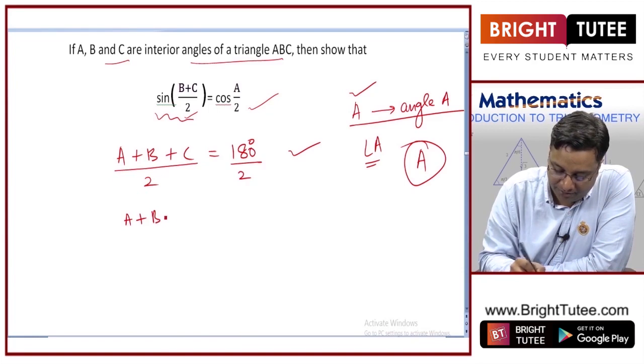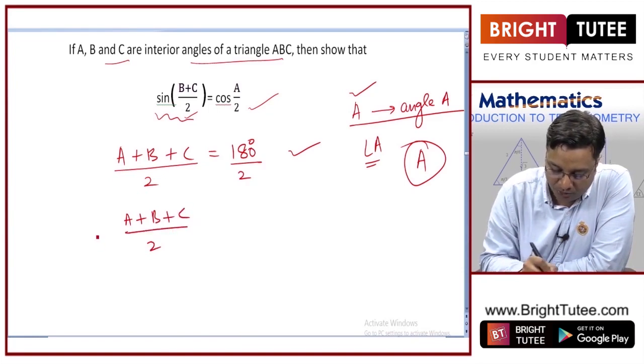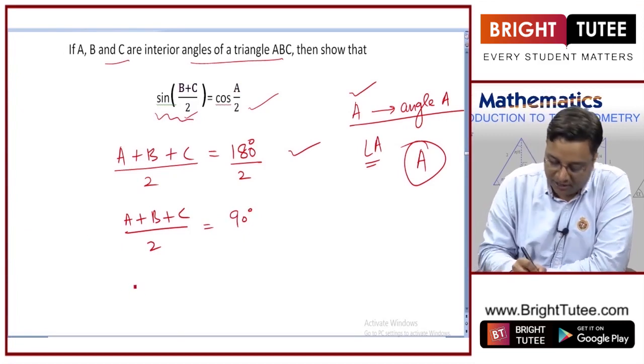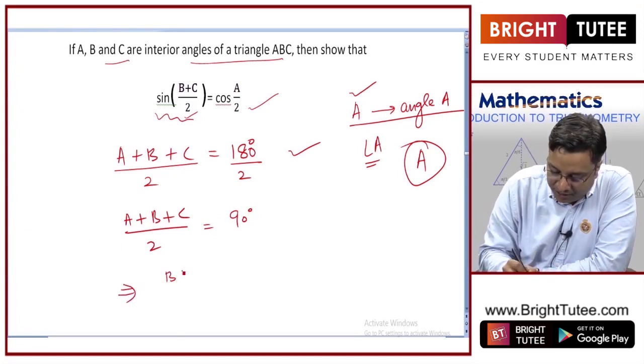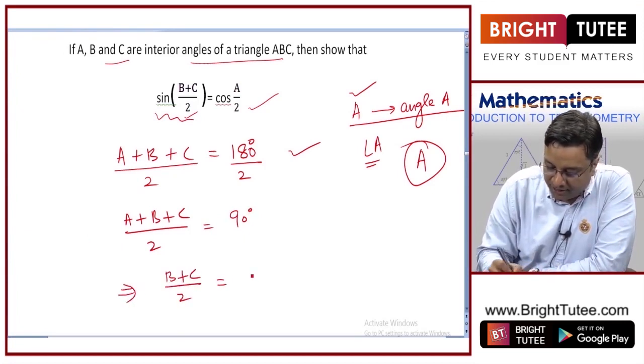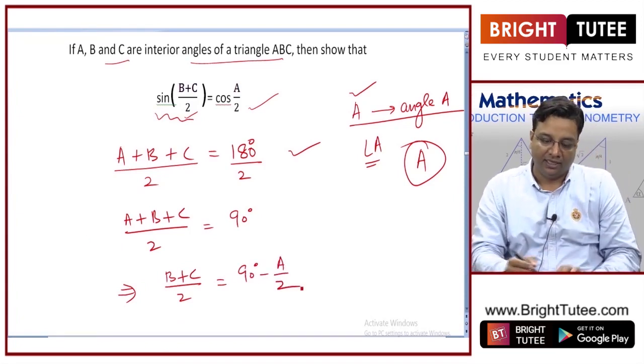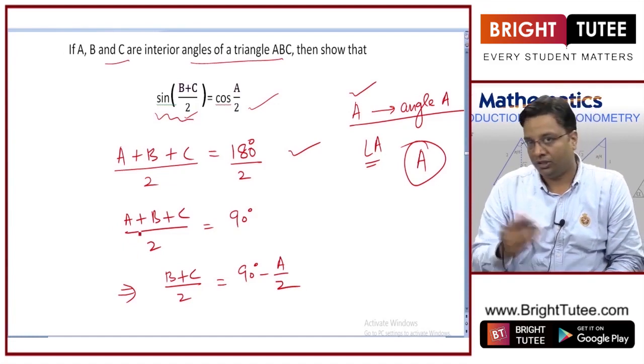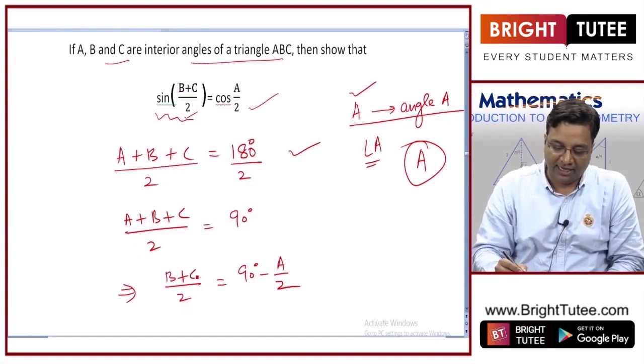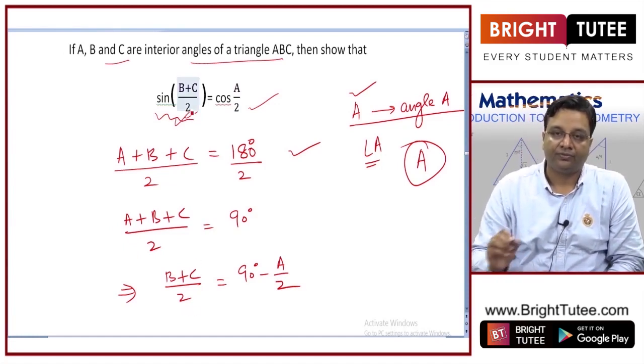(A plus B plus C) by 2 is equal to 90 degrees. This implies (B plus C) by 2 is equal to 90 minus A by 2. I have taken this A by 2 to the right hand side to obtain angle (B plus C) by 2.